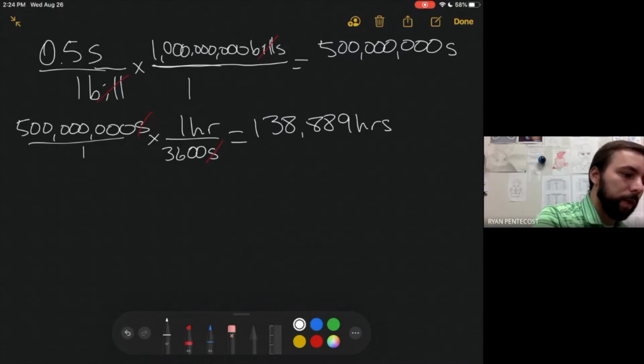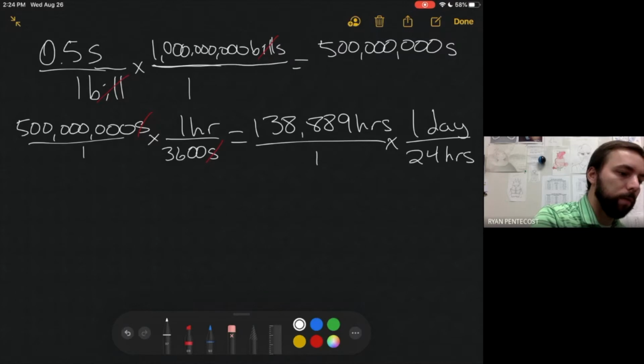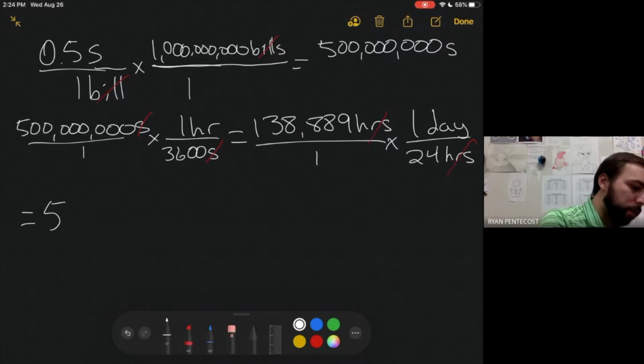So let's take that times in a line, 24 hours to 1 day. That all cancels. So we will get 138,889 divided by 24, which is 5,787.04 days.